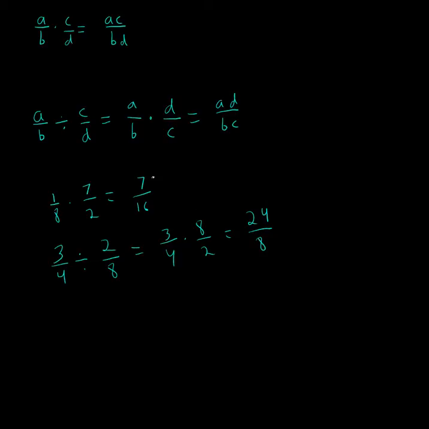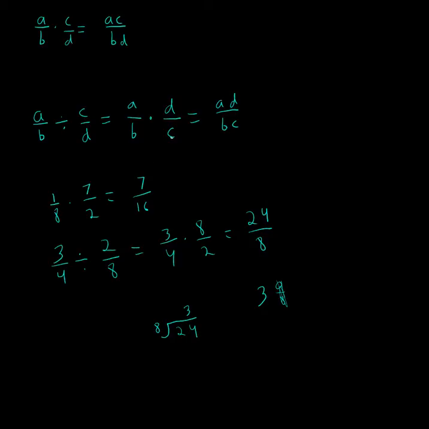This is an improper fraction, so how would we go about writing this as a mixed number? We would do 24 divided by 8. How many times does 8 go into 24? 3 times. We stop there. And so this time we would get 3 and 0/8. Well, we don't really have to worry about that. So this would be equal to 3.